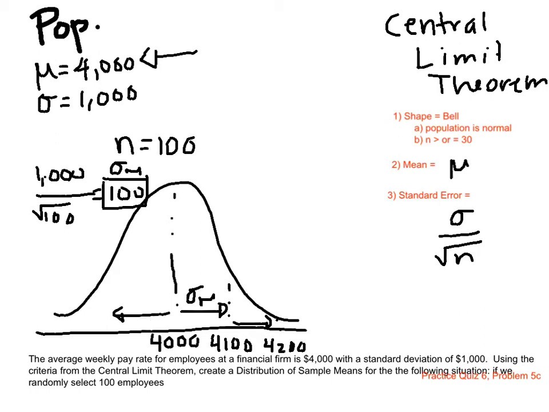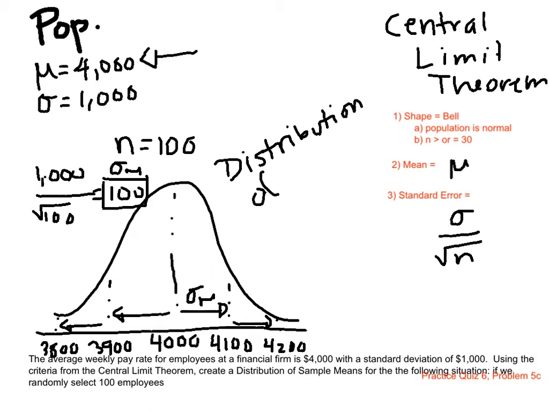If I go one standard error below, I land on 3,900. Another standard error, 3,800. So this here is my distribution of sample means if my n equals 100.